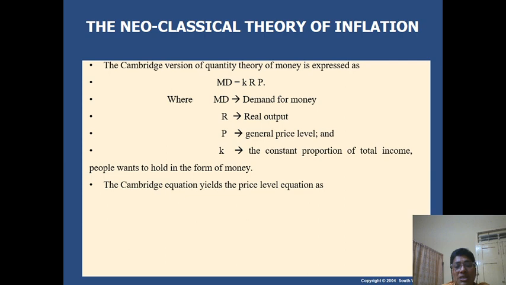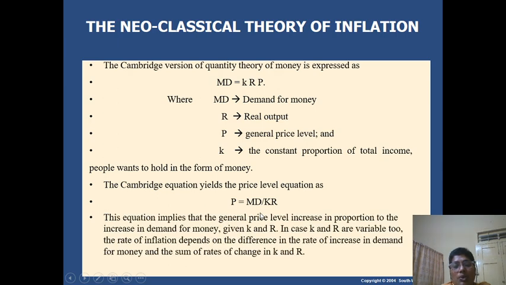Now the Cambridge equation yields the price level equation as P equals MD by kR. Price level is equal to MD by kR.